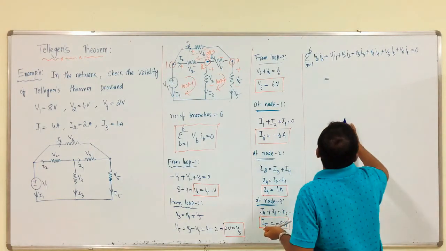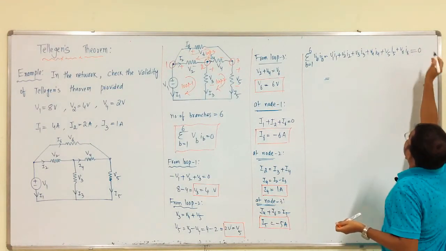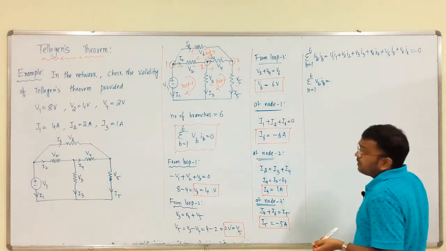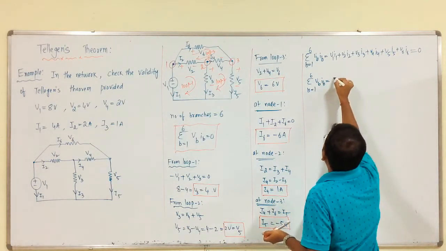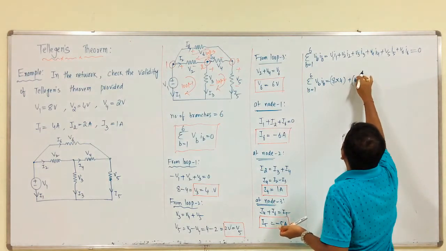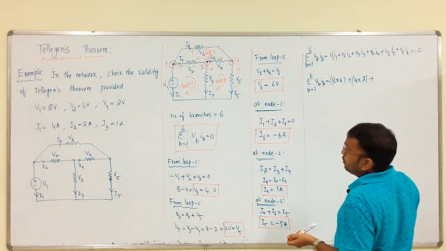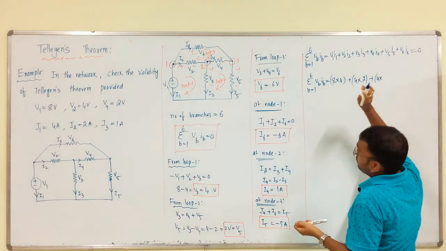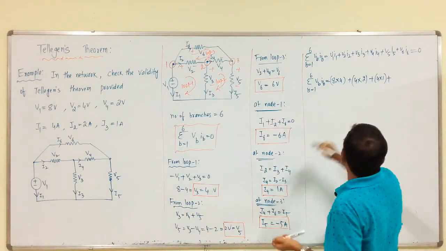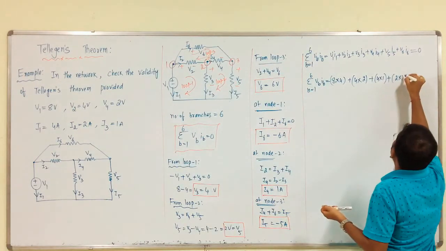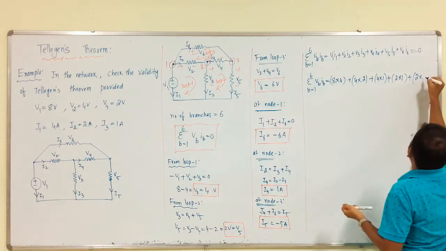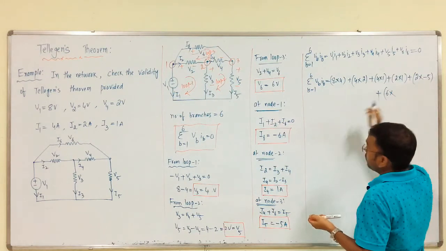V1 is 8, into I1, 4, plus V2, 4, into I2, 2, plus V3, 4, into I3, 1, plus V4, 2, and I4, 1, plus V5, which we calculated as 2, into I5, minus 1, plus V6, 6, into I6, minus 6.